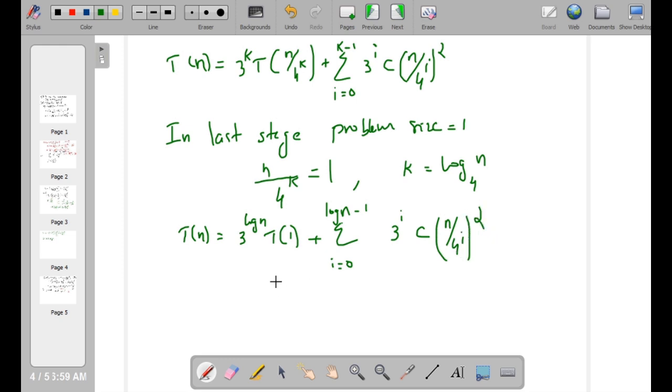Okay, we can say when problem size is 1, this will take some constant value as the cost.